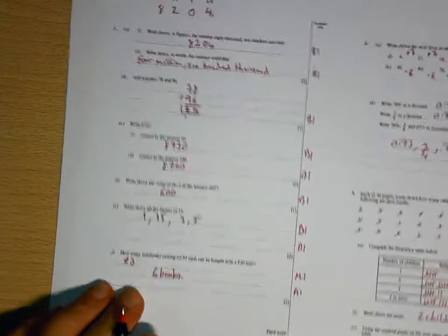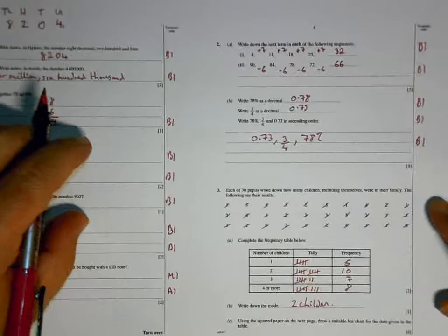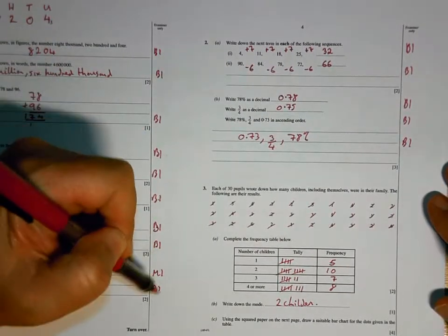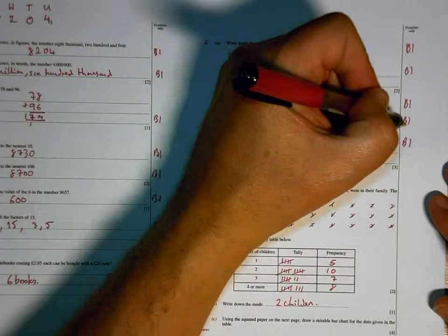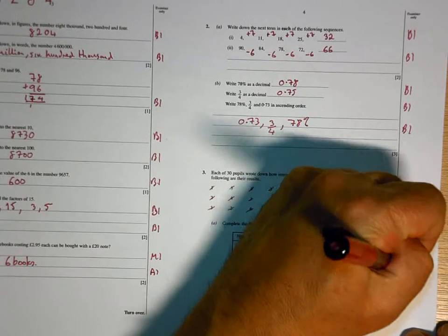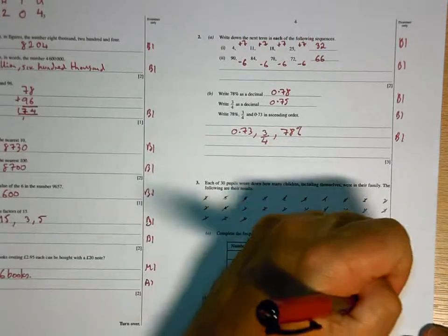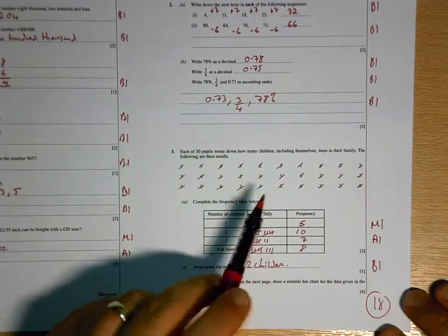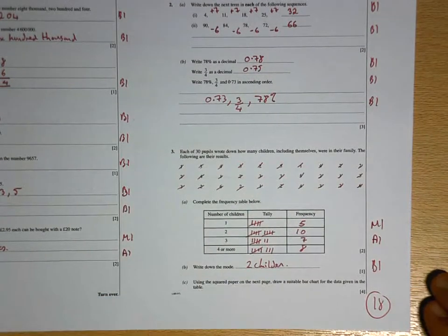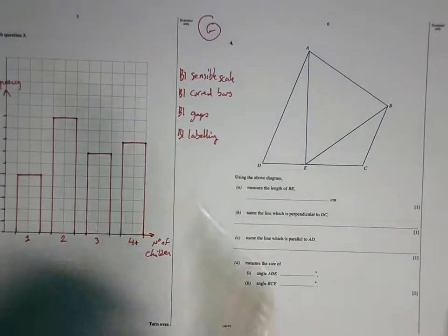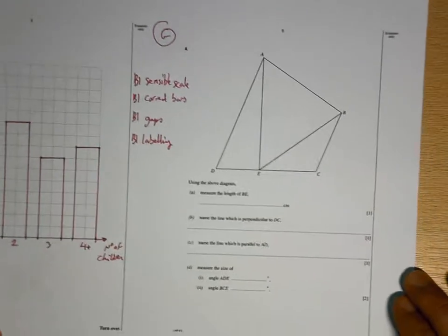So total for the first page then, if we go back to that, is going to be 1, 2, 3, 4, 5, 6, 7, 8, 9, 10, 11, 12, 13, 14, 15, 16, 17, 18 for the first page. So there's a method there for the tallying and 1 for getting it all correct, 1 mark for the mode, and then 4 marks for that, which I'll bring over onto this page.